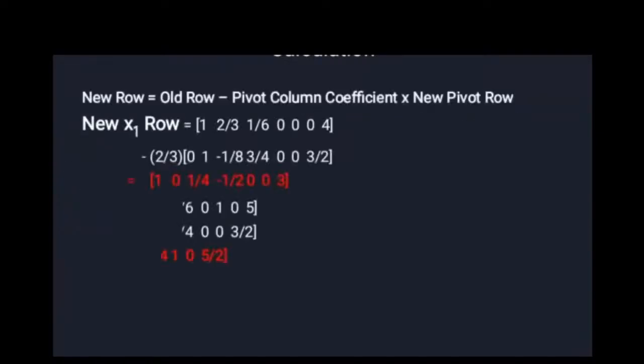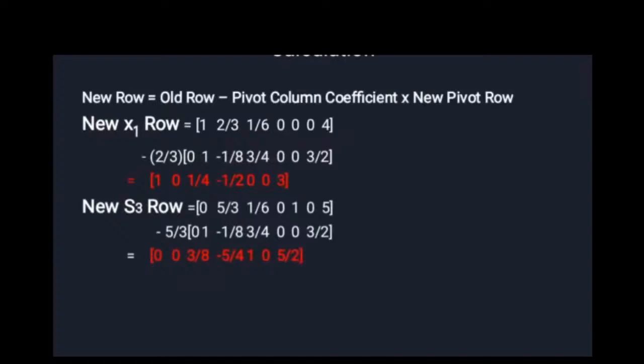Now the new row is equal to the old row minus the pivot column coefficient multiplied by the new pivot row. The new S1 row is equal to the old row minus the pivot column coefficient multiplied by the new pivot row. After calculating these values, we get the new S1 row: 1, 0, 1 by 4, minus 1 by 2, 0, 0, 3.